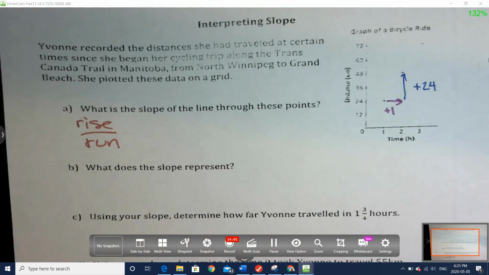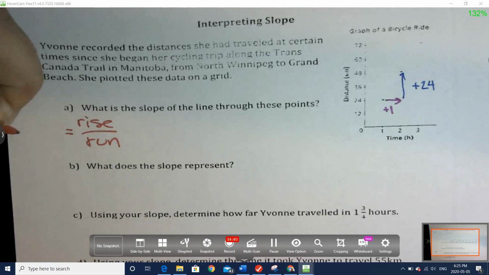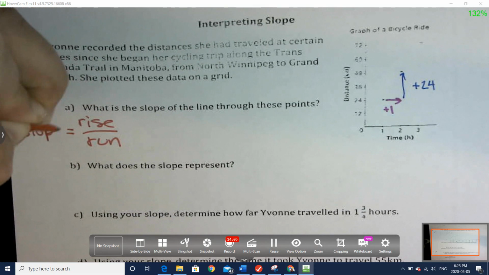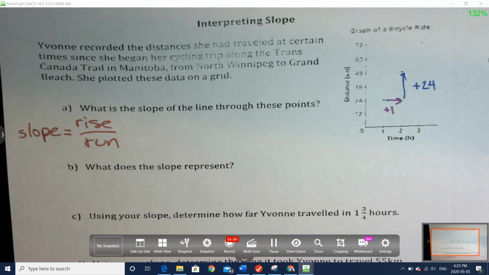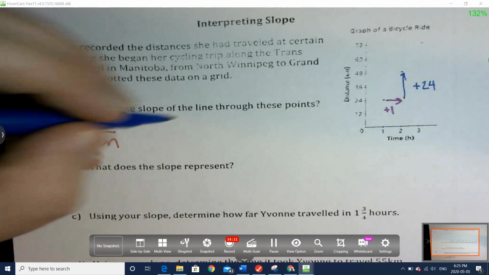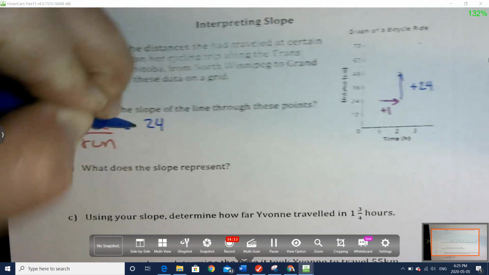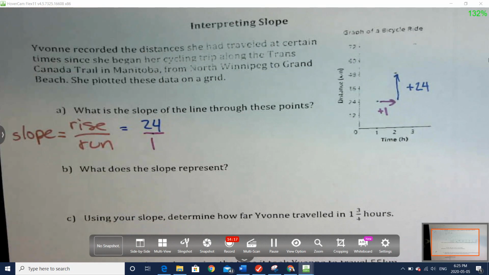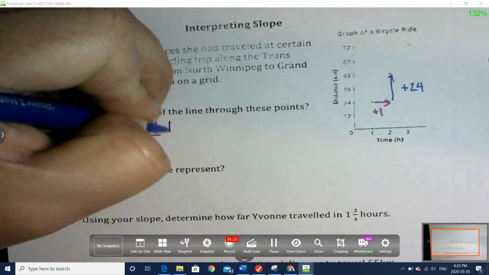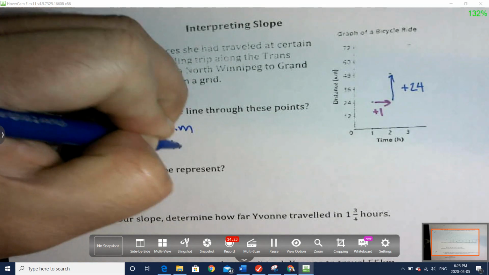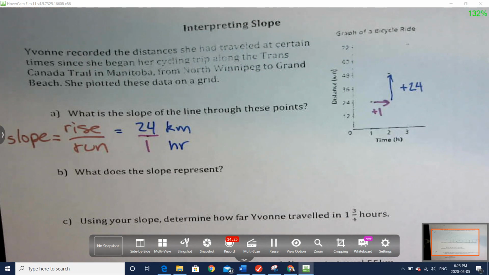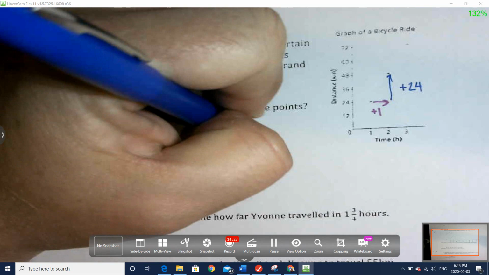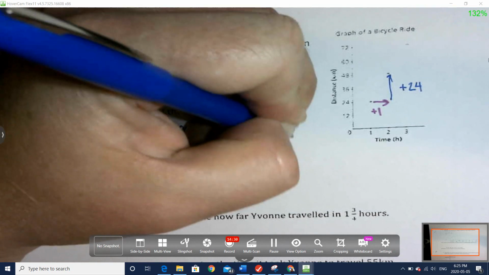And I think we've begun briefly talking about that. We can now say that naughty word slope. So what that means is we went up 24, we went over 1, our units were kilometers and hours, so that means that the slope is 24 kilometers per hour.